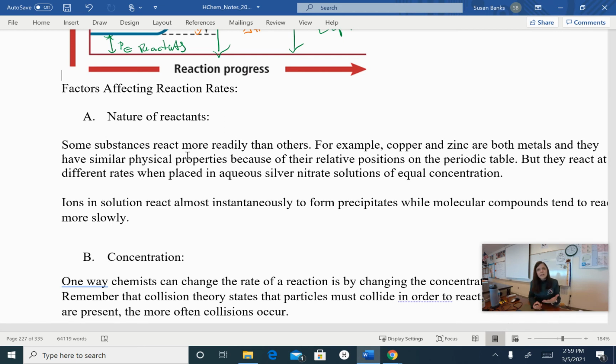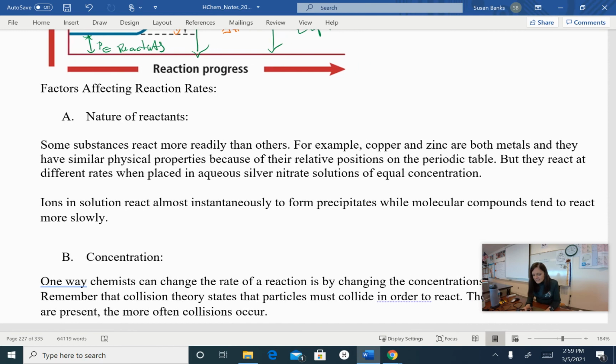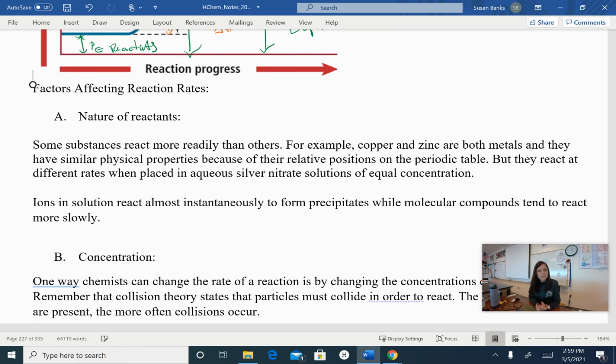For example, copper and zinc are both metals, and they have similar physical properties because of their relative positions on the periodic table. They're right next to each other. But they react at different rates when placed with aqueous silver nitrate in solutions of equal concentration. Okay? Ions in solution react almost instantaneously to form precipitates, while molecular compounds tend to react more slowly.